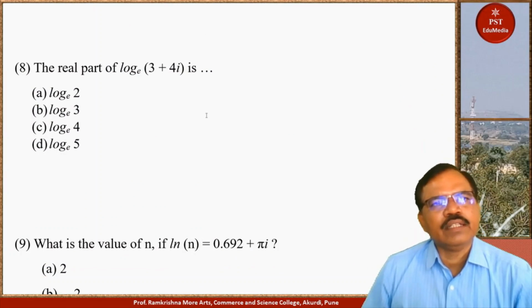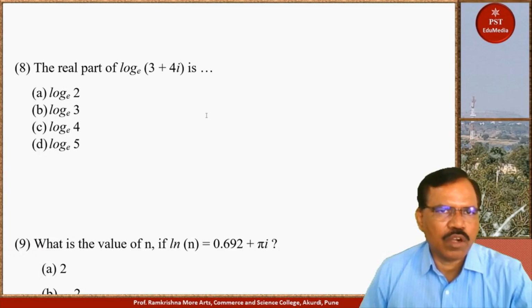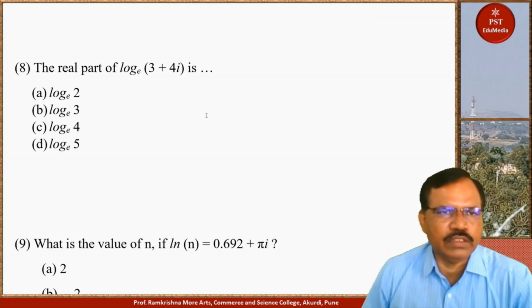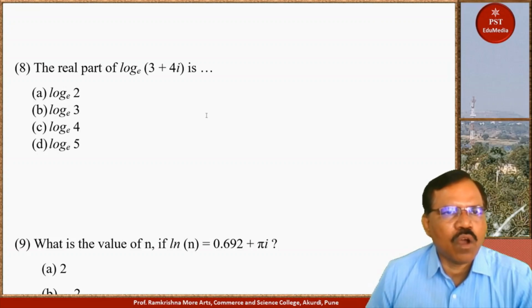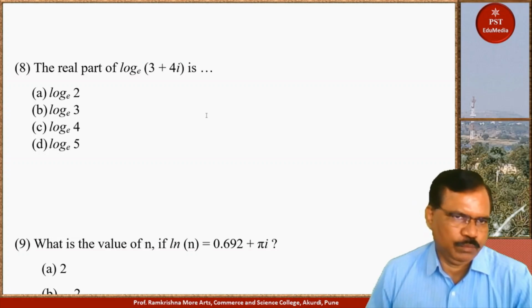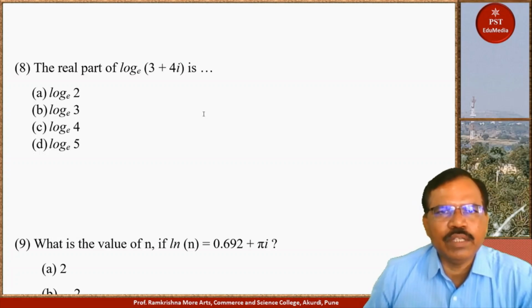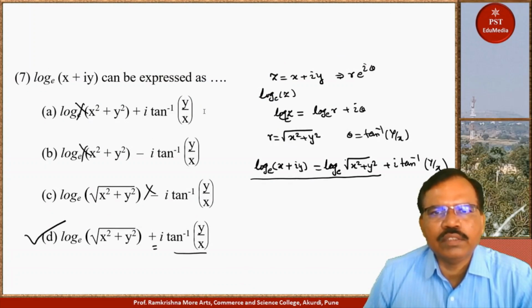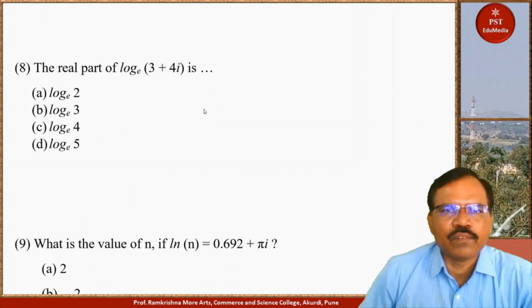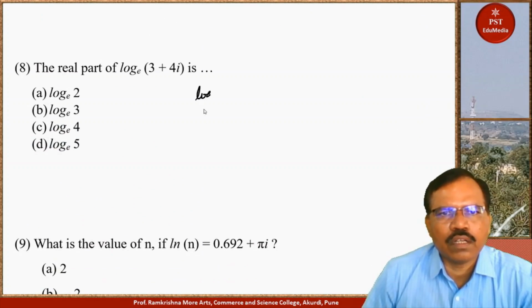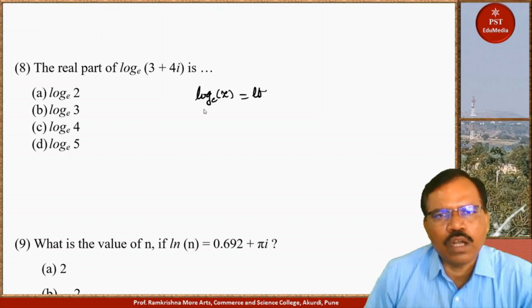Now next one, the real part of log to the base e of 3 plus 4i is: a, log 2; b, log 3; c, log 4; d, log 5. Now here we have seen log z, log to the base e z, is equal to log to the base e r plus i theta, and this one is the real part.